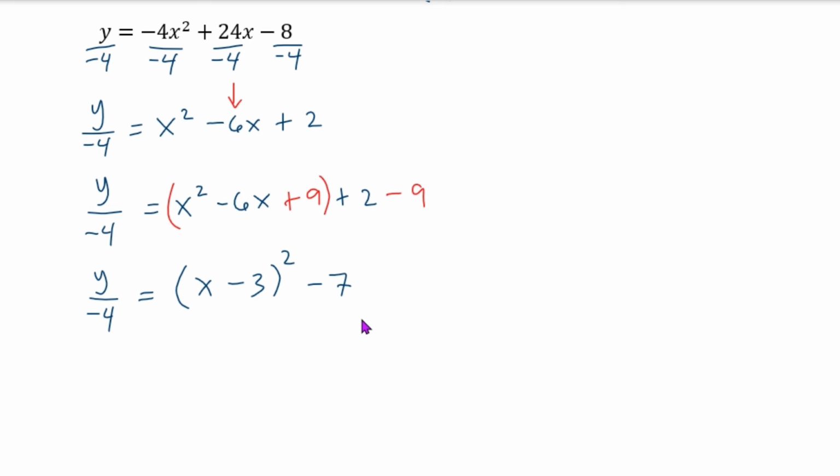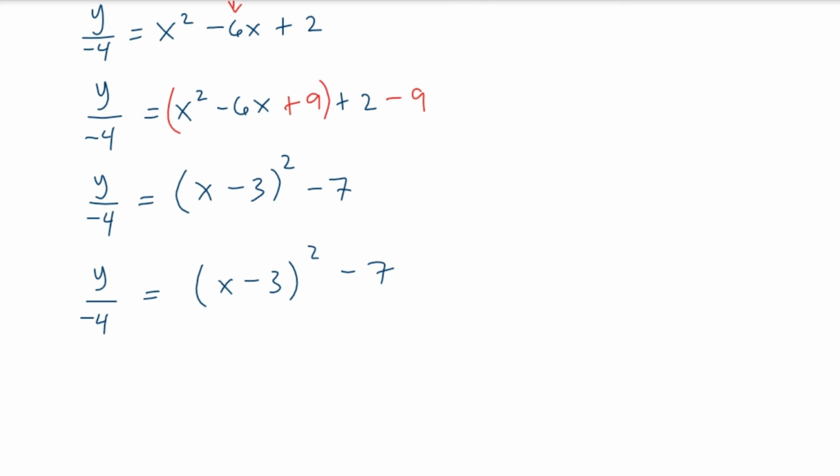Now again, we want y in the left hand side, but here we have y over negative 4. So we have to multiply both sides of this by negative 4 to get rid of the denominator. So let me copy this first. So we have quantity x minus 3 squared minus 7.